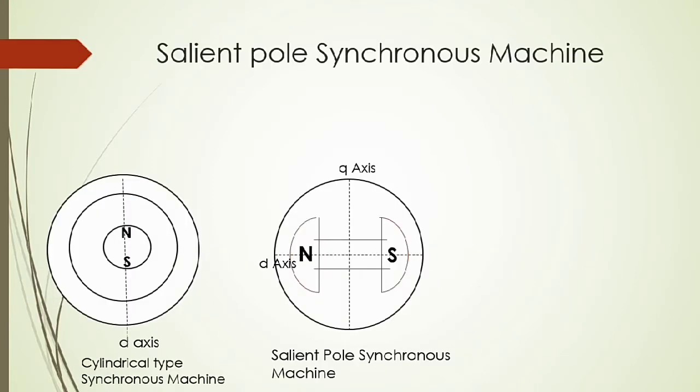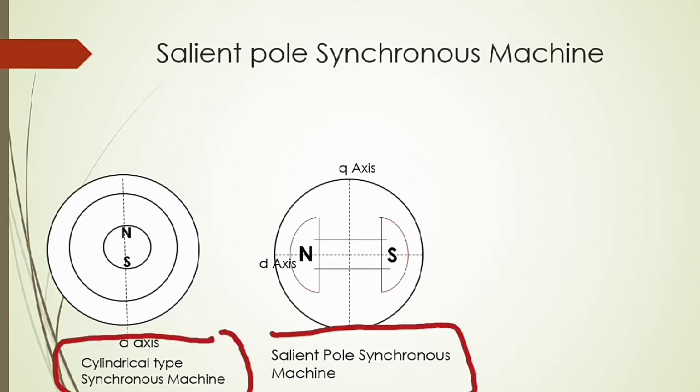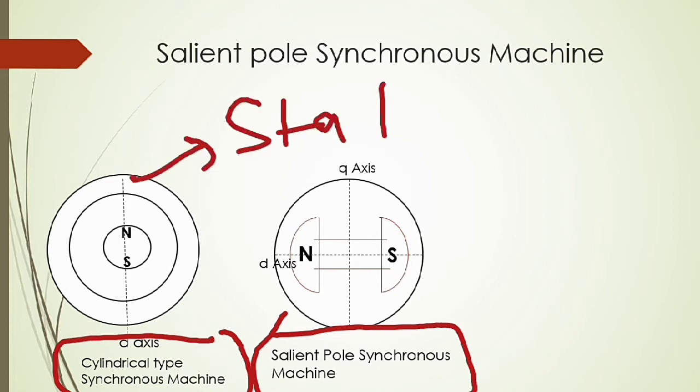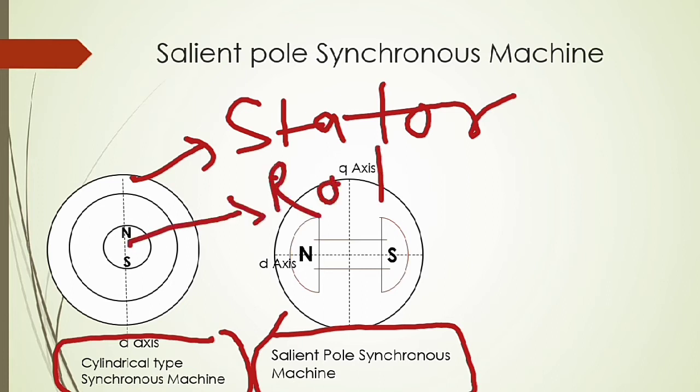Here we start. You see here this is the cylindrical type synchronous machine and here you see the salient pole type synchronous machine. In the cylindrical type synchronous machine this one is the stator and this is the rotor.